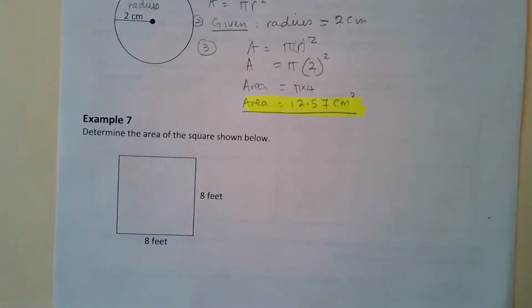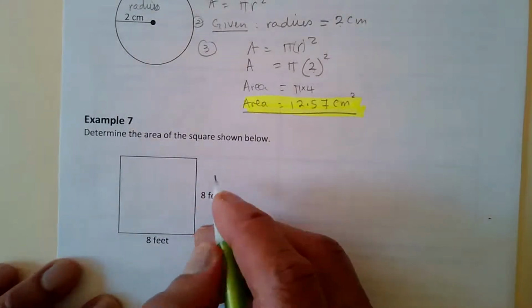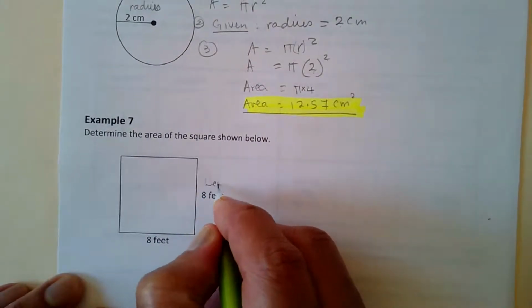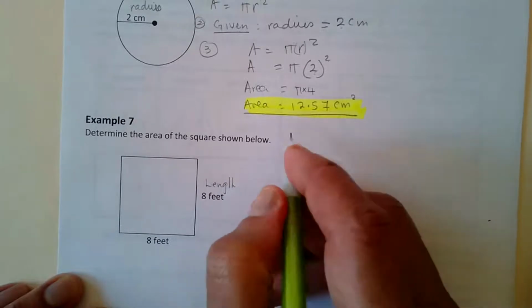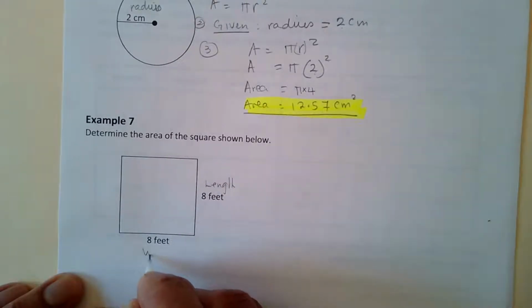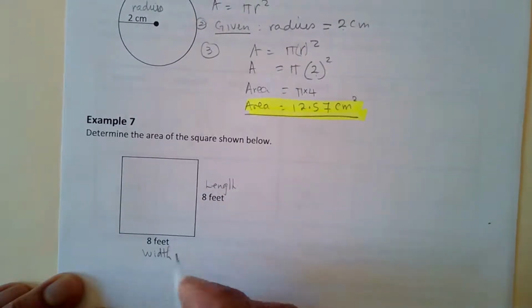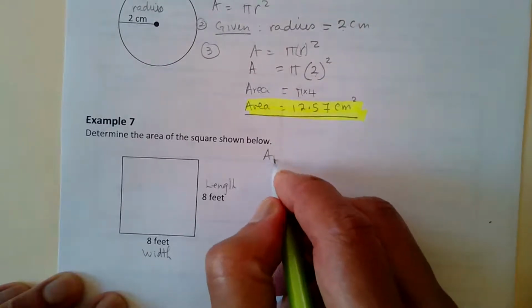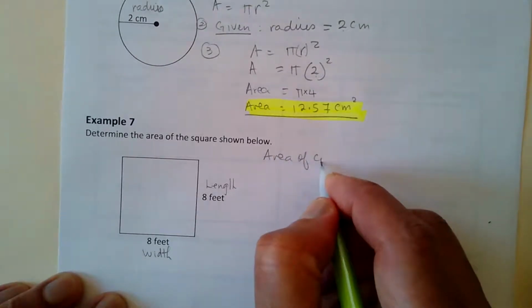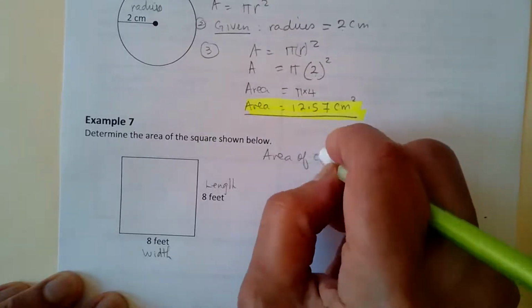We'll use both methods. This will be your length, and this would be your width. Area of a square, not a circle.